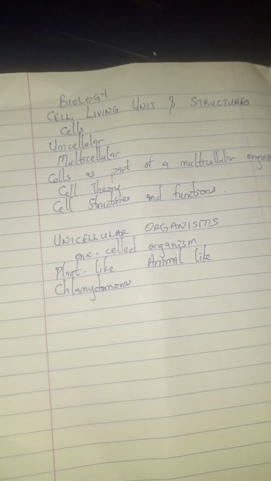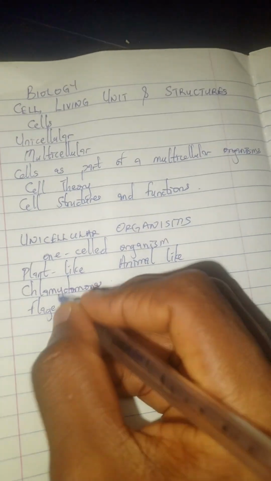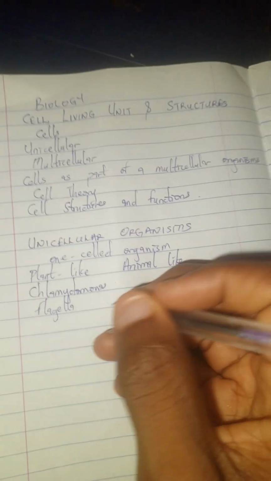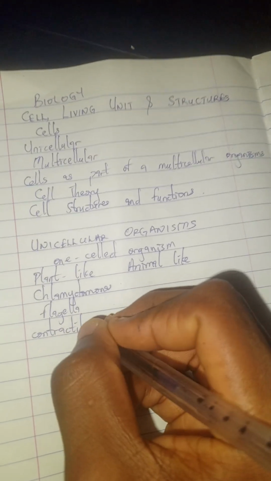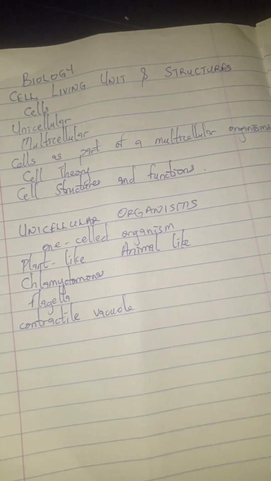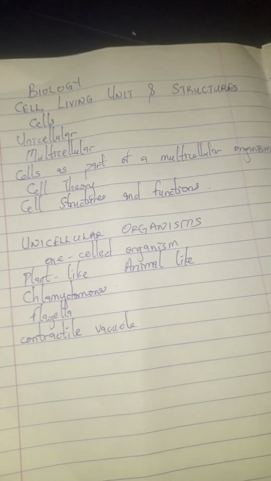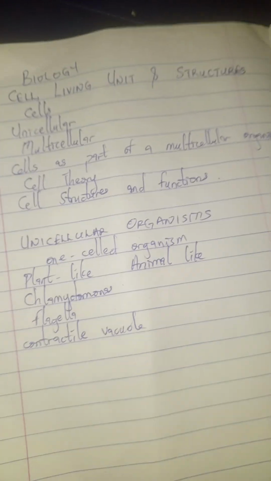So Chlamydomonas are autotrophs. Chlamydomonas makes use of flagella for movement, and it also makes use of contractile vacuole to remove excess water that enters into the cell through the surroundings.